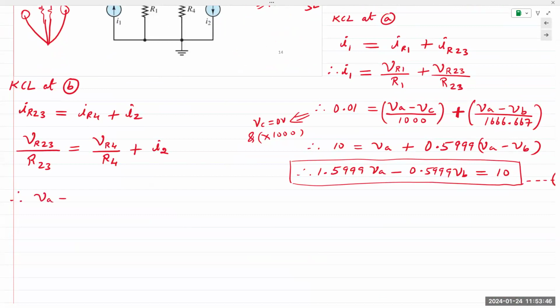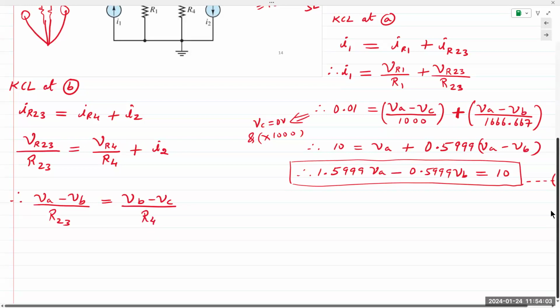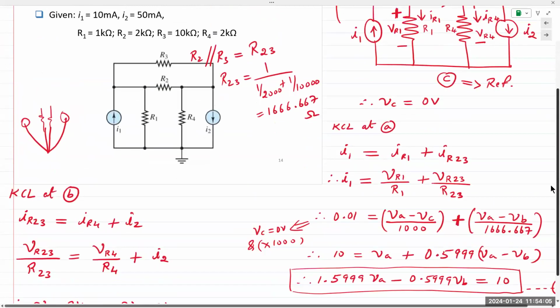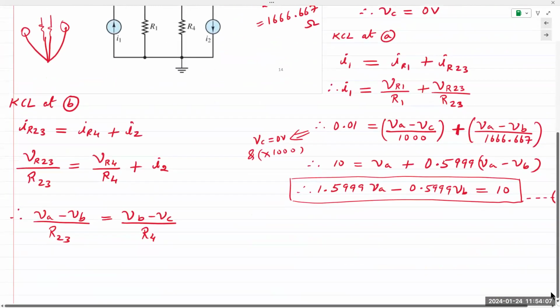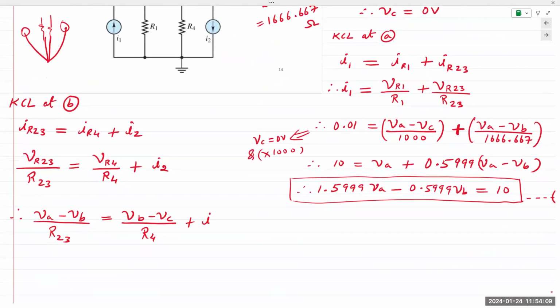VR23 is still VA minus VB divided by R23. VR4 is VB minus VC divided by R4. VB minus VC, yes, plus I2.